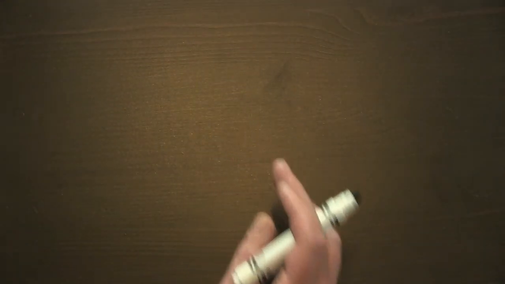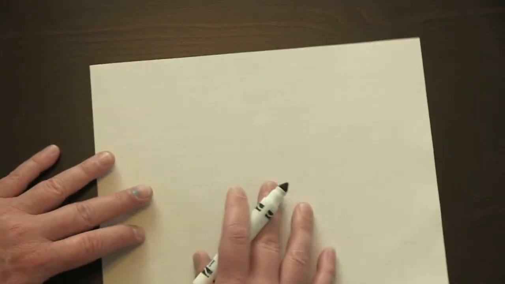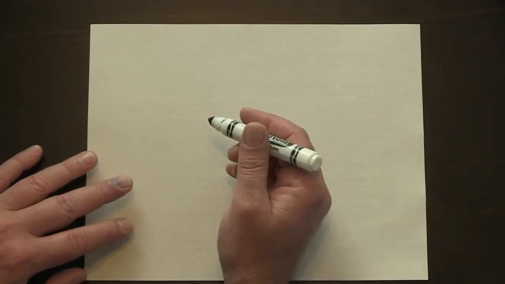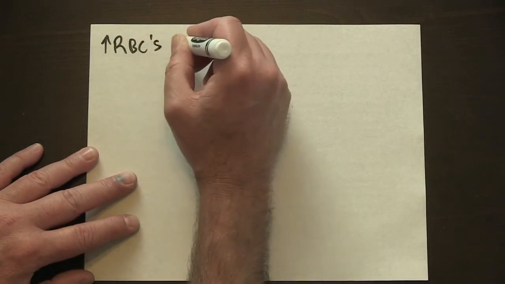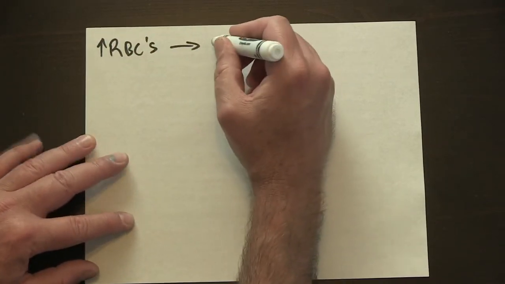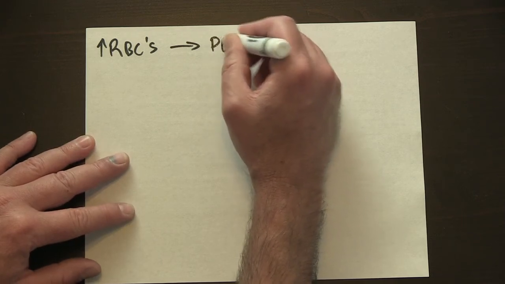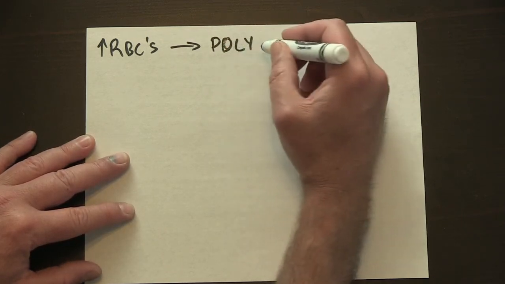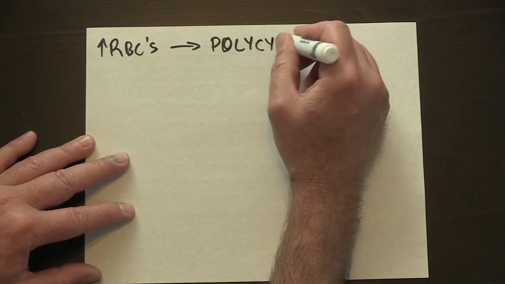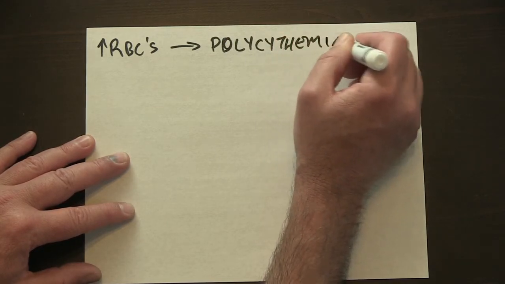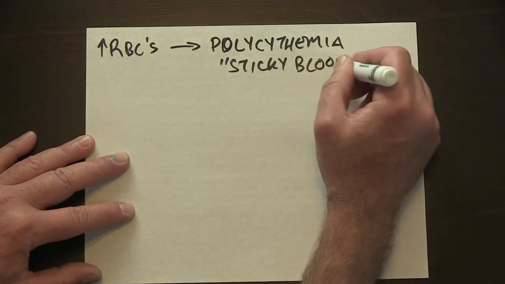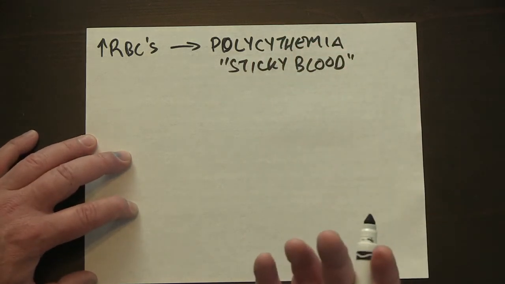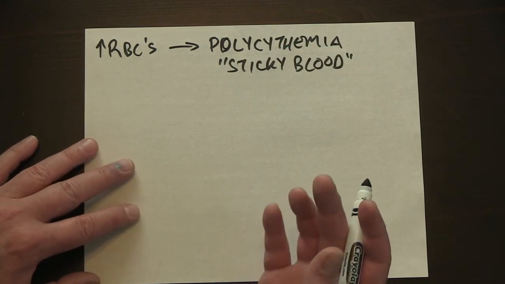Some of the problems associated with that, you got to think of the blood as fluid, and as you increase the number of red blood cells in blood, it can lead to what's called polycythemia, which is basically sticky blood. Because it's thicker, it's got less plasma per volume, right?